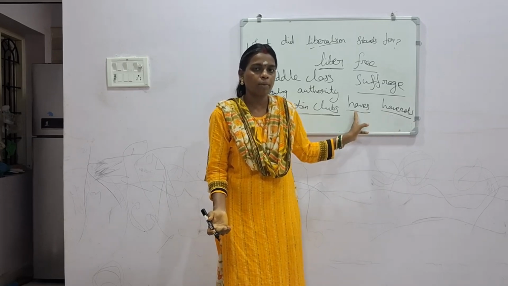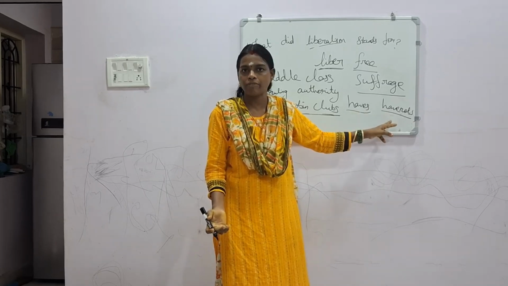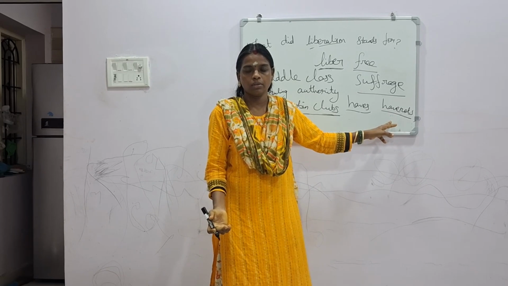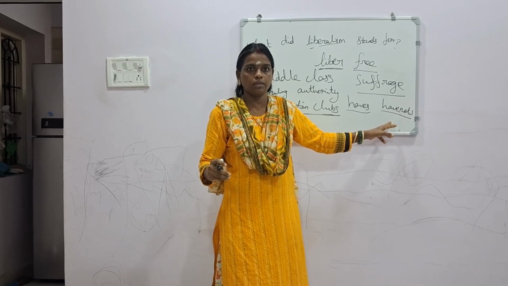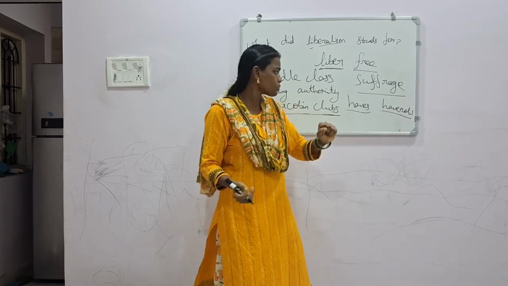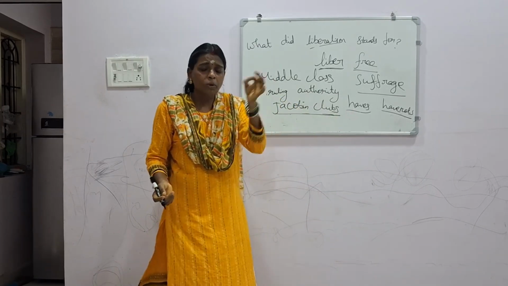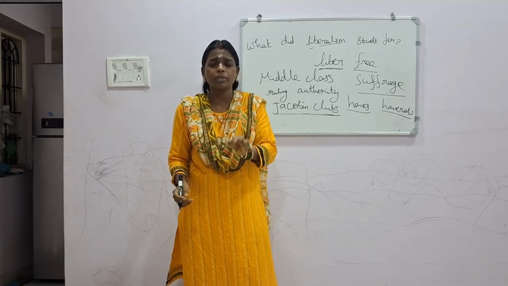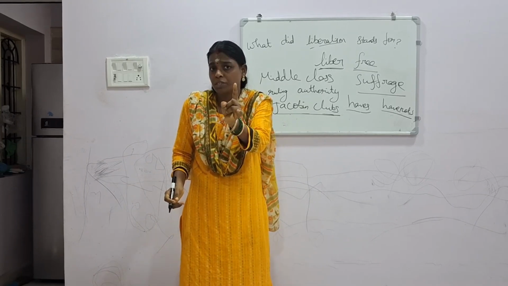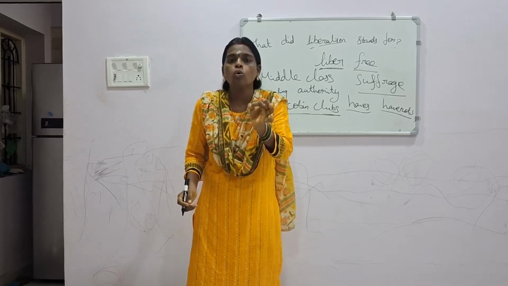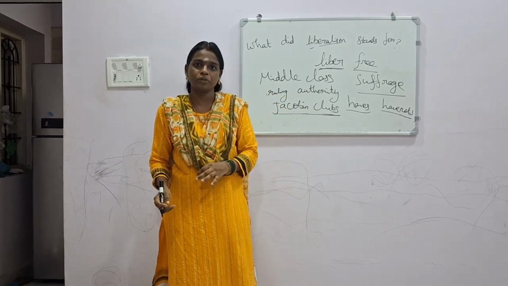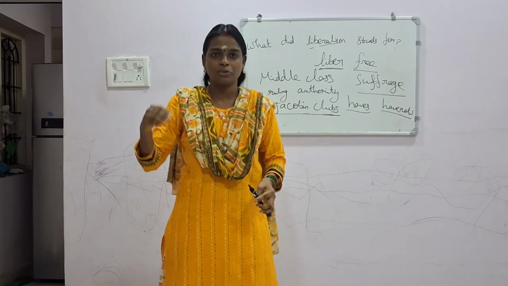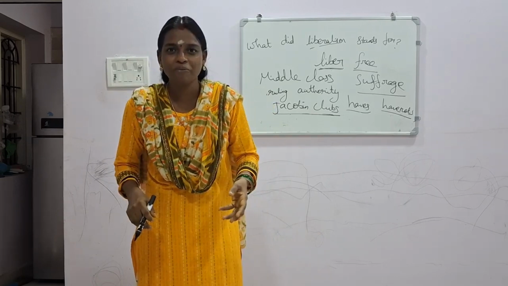Some people own property, some people don't possess any property. Because of the Napoleonic Code, Napoleon had given the voting right only to the men who owned property. So there was no voting right for the men who didn't have any property.